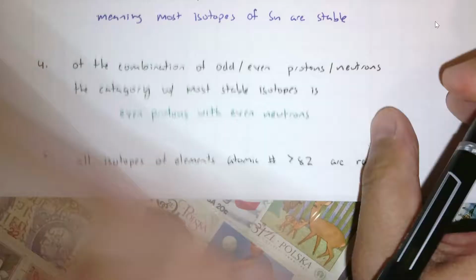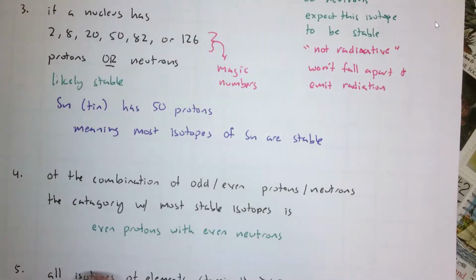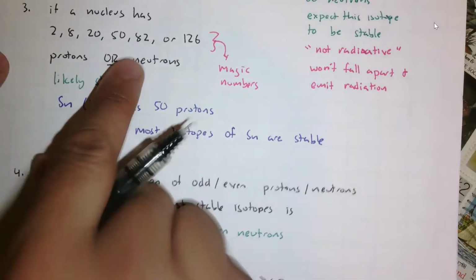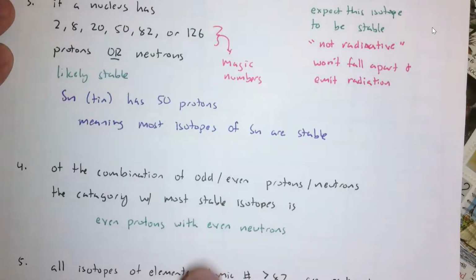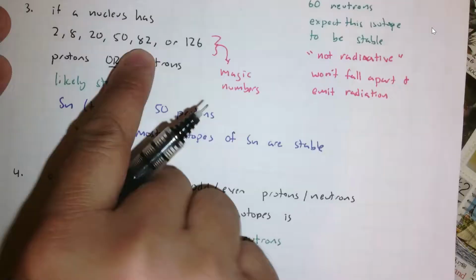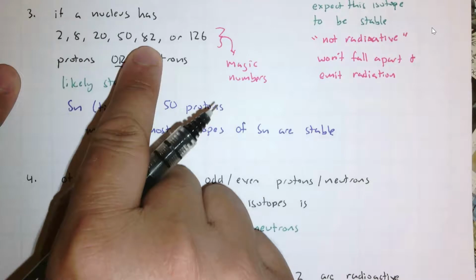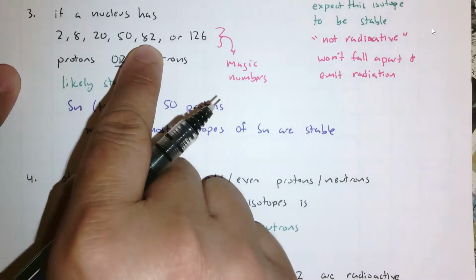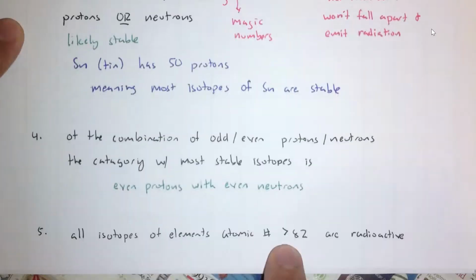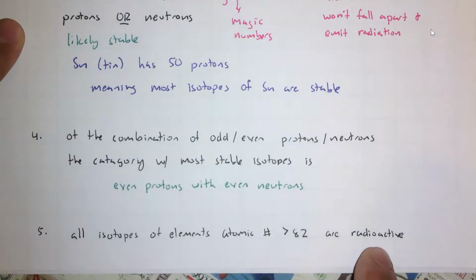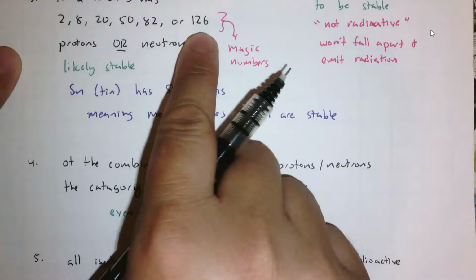Okay, so I do know that that is in contradiction to our... actually, it's not in contradiction. If it has 82 protons, the nuclei is stable. If it's greater than 82, you're going to consider it radioactive. This is atomic number, except for 126.